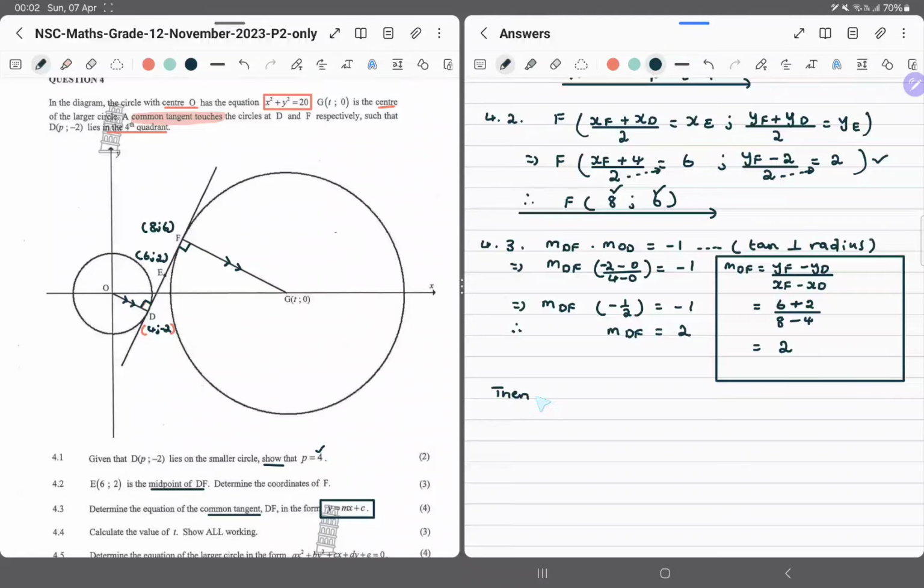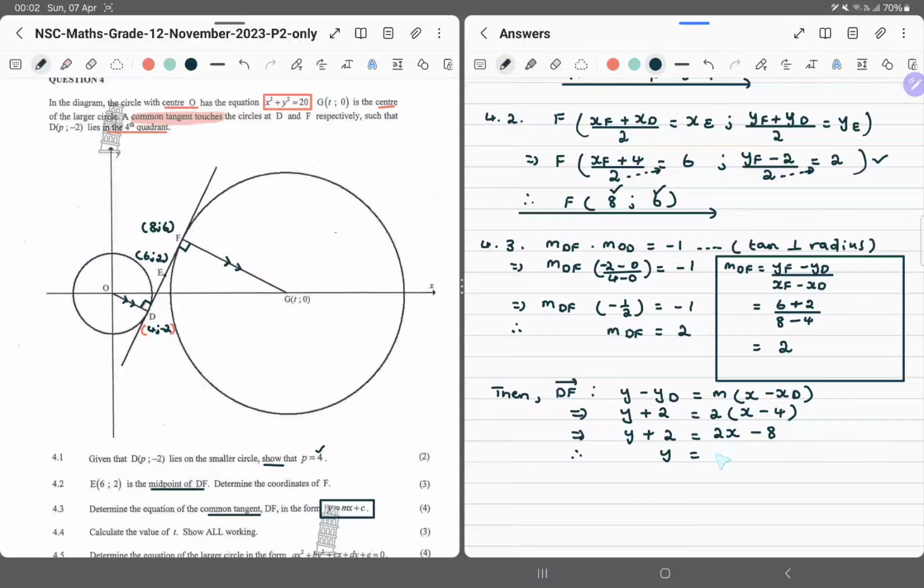We can say then, we know that line DF essentially is such that y minus y at D, I can choose point D, is equal to the gradient times x minus x at D. This implies that y plus 2 is equal to the gradient, which is 2, times x minus 4, so 2x minus 8. Implies y plus 2 is equal to 2x minus 8.